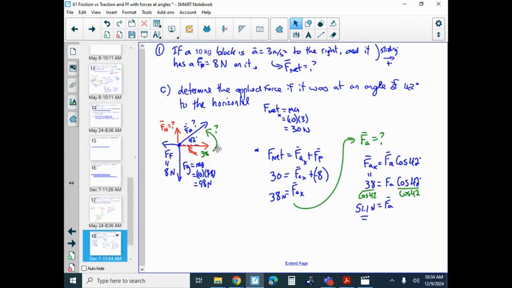If we have the force at an angle, we have to do some work to look at that force at an angle, right? So if we have a force at an angle, we still know the net force is 30, and we still have this net force of 38 and so on. But that 38 would actually be the x component of the applied force, right?